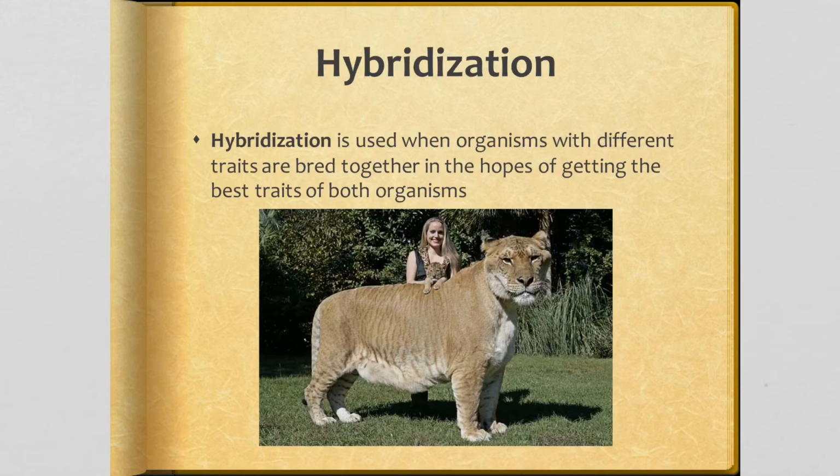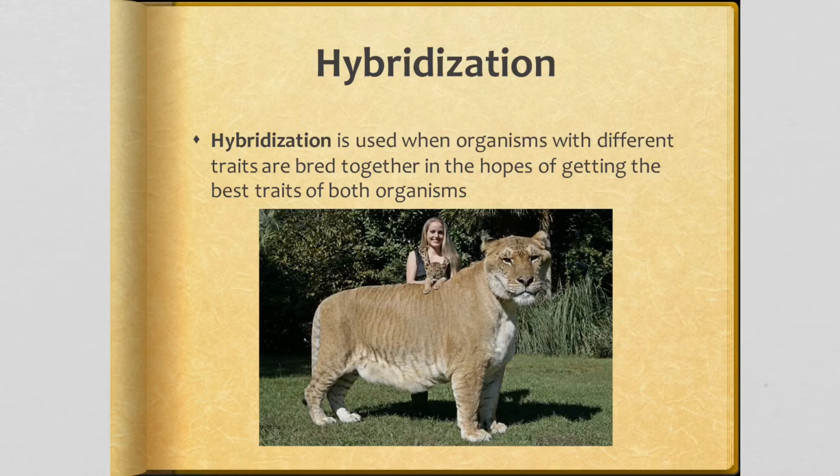And hybridization is used when you take organisms with different traits and breed them together in hopes of getting the best of both traits from both organisms. So if you take two completely different organisms, maybe you take a really large dog who has sharp teeth and you breed it with a really small dog with pointy ears, and you're hoping to get a big dog with pointy ears.